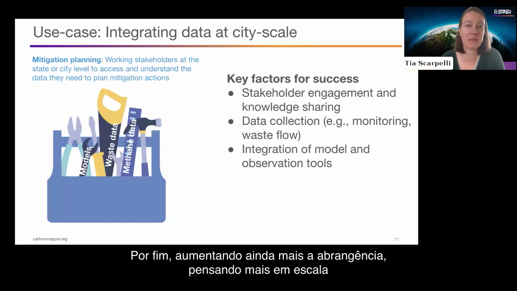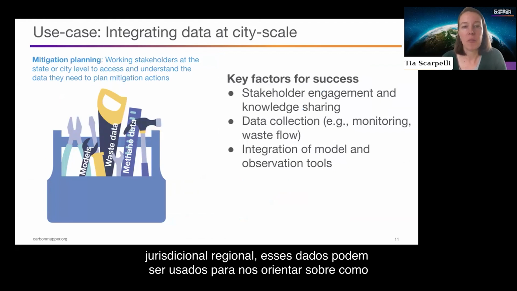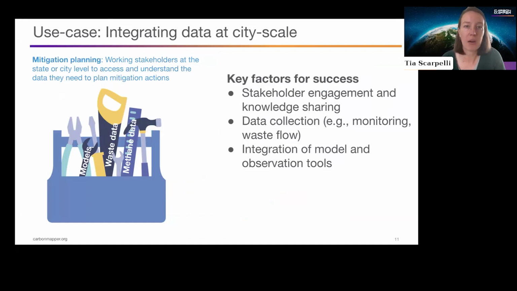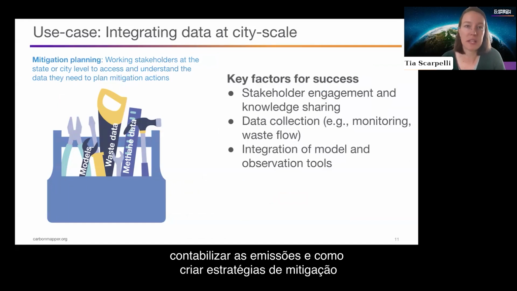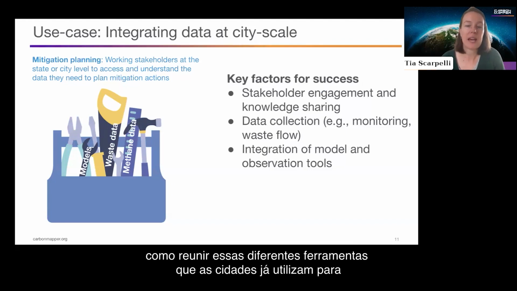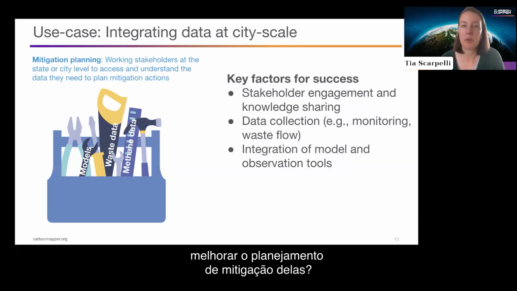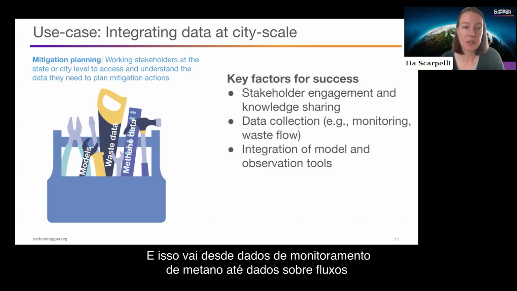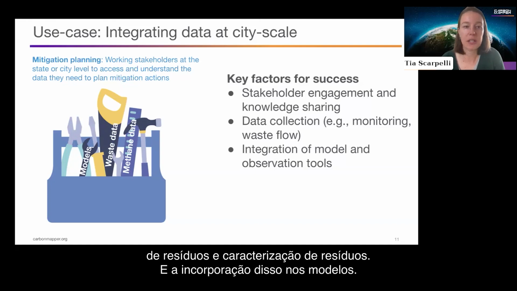And then lastly, zooming out even further, thinking more on a regional jurisdictional scale, this data can be used to inform how we account for emissions and how we strategize mitigation at the city scale or at the state scale, for example. How do we bring together these different tools that cities already use to improve their mitigation planning? This ranges from the methane monitoring data to the waste data on waste flows and waste characterization, and incorporating this into models.